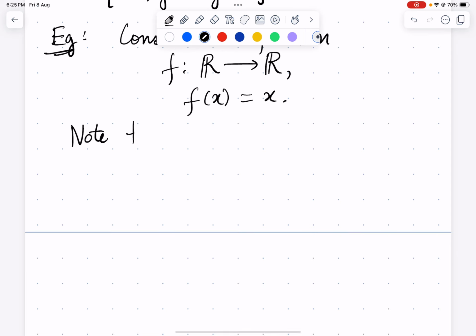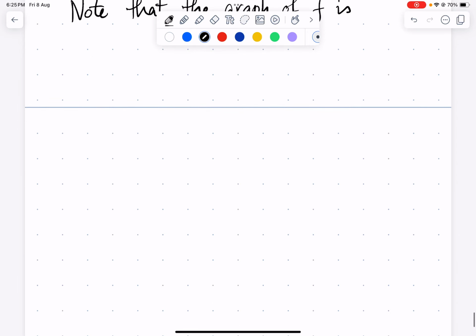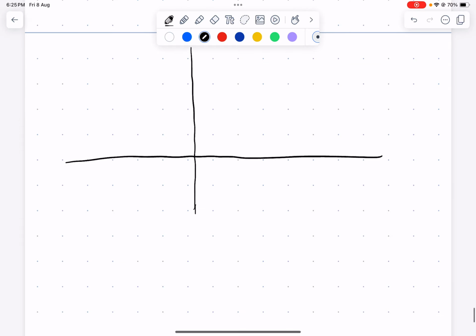So note that the graph of f is the set of all input output pairs. If you give it input 1, it will give output 1. So 1 comma 1 is an input output pair.